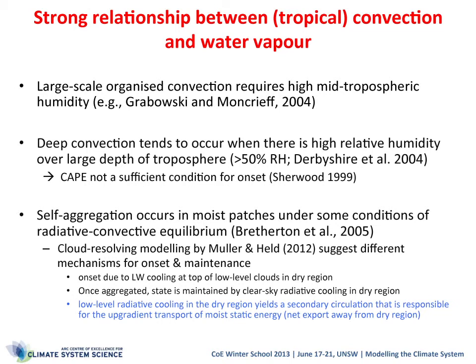What this does is that this low-level radiative cooling creates a secondary circulation which is responsible for the upgradient transport of moist static energy. So you get a net export of moist static energy away from the dry regions to the moist regions, and that helps to maintain the self-aggregation of convection once it begins, essentially.